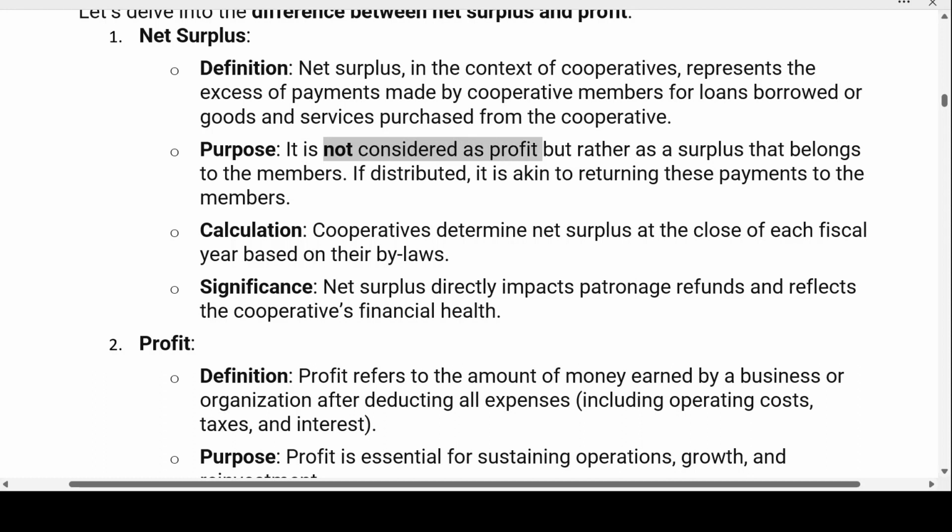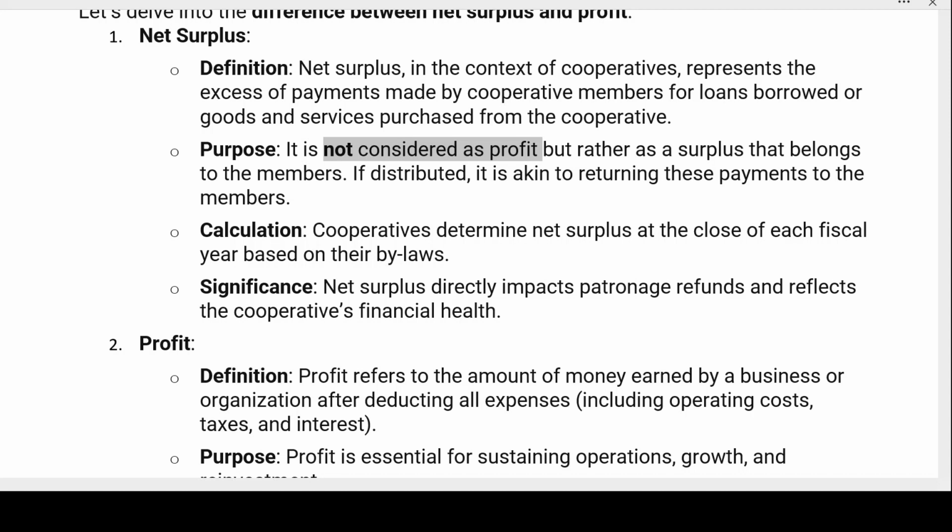Now, what is the difference between the two by purpose? The purpose of the net surplus is that it is not considered as profit, but rather as a surplus that belongs to the members.